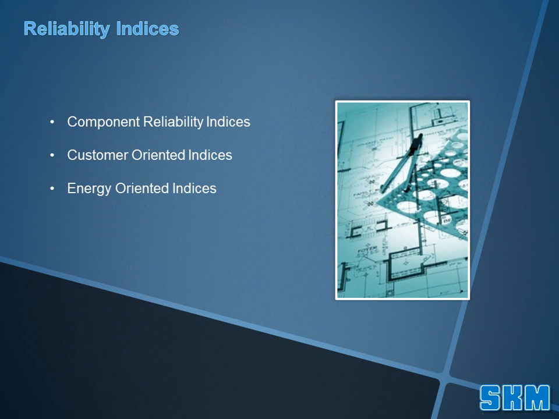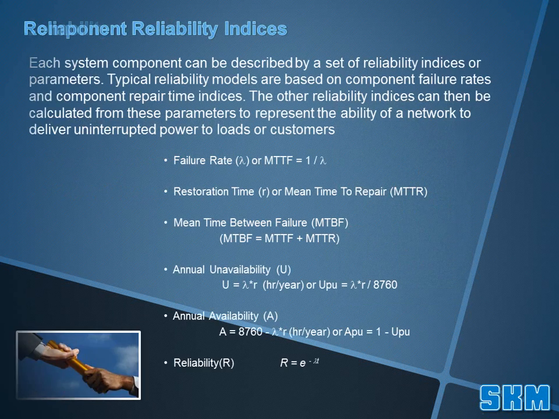There are several indices, within three major groups, that are used. These are component reliability indices, customer-oriented indices, and energy-oriented indices. Each system component can be described by a set of reliability indices or parameters.